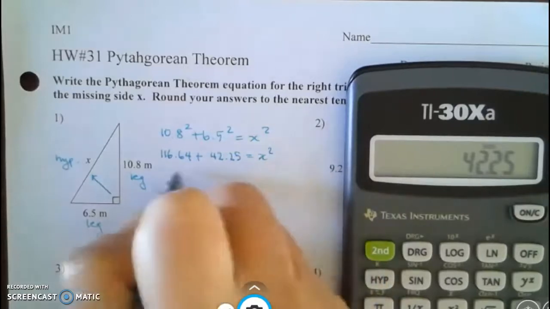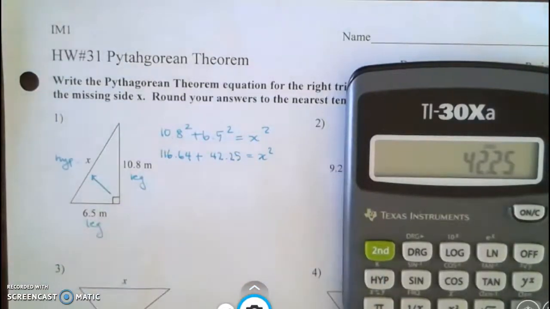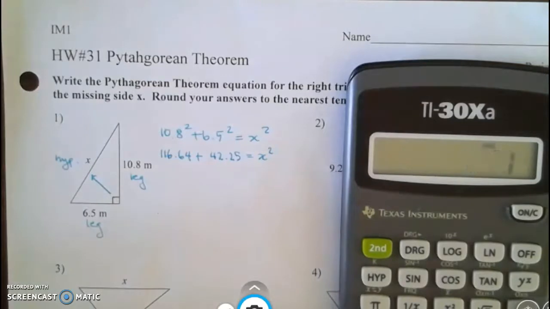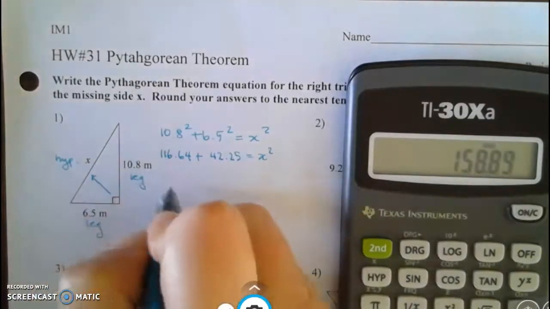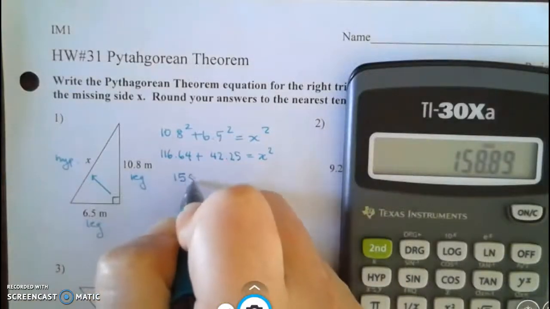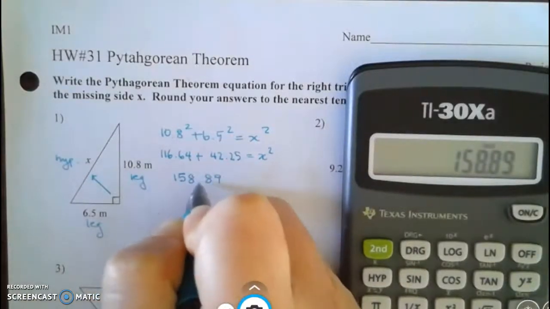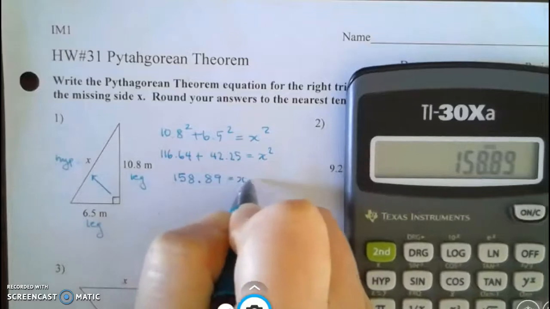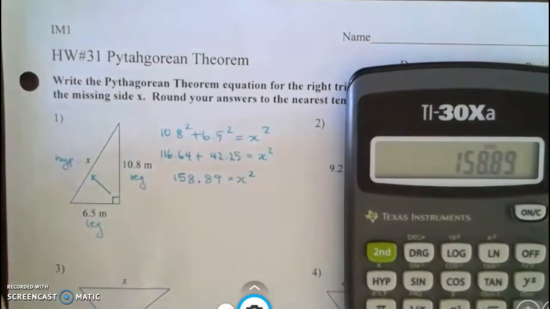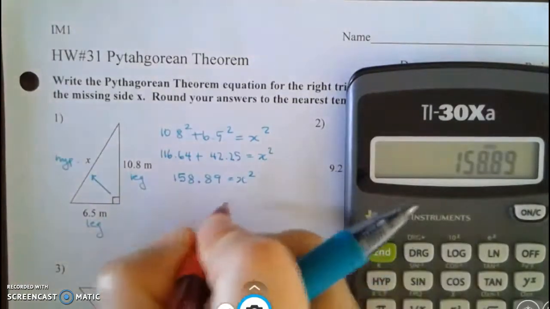And if I add those up, I get 158.89 is x squared. So what do I do to find the x?